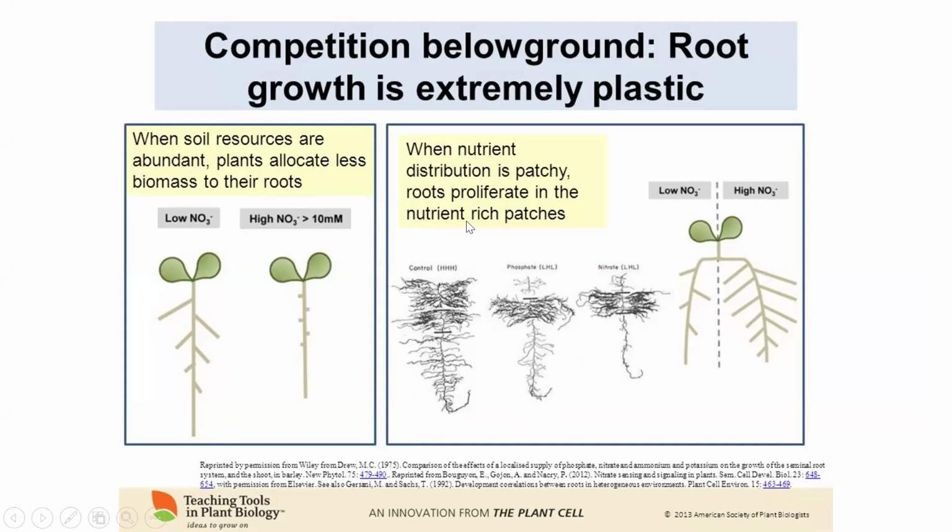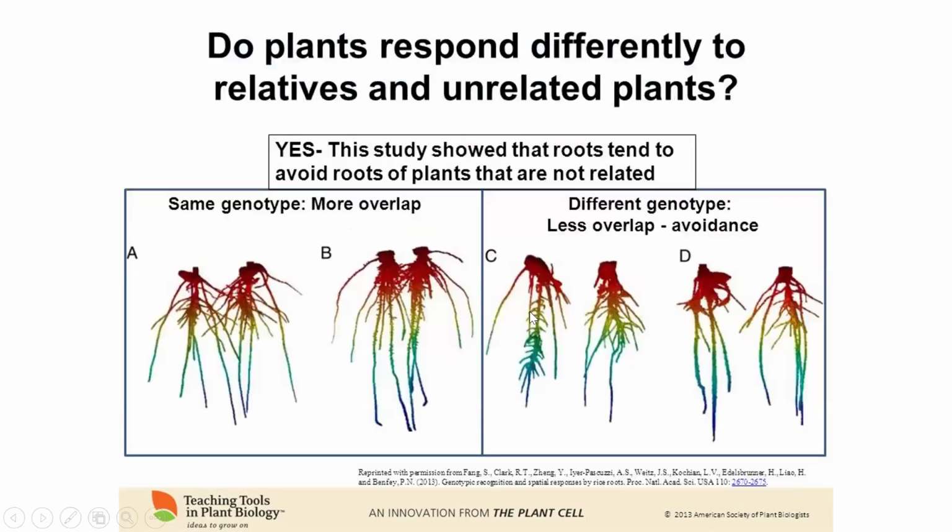And then the roots can also determine where there's nutrient hotspots, and they will proliferate their roots in that zone. And this is quite interesting for conservation agriculture, where you have planting pits with maybe some manure and maybe some fertilizer. One would expect a proliferation of roots right there in that nutrient pool.